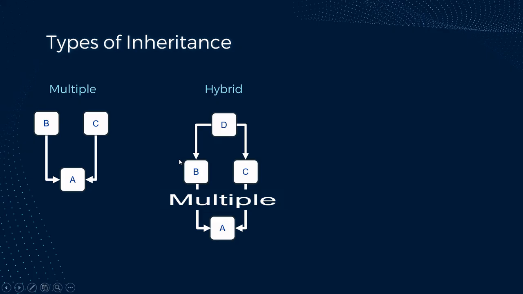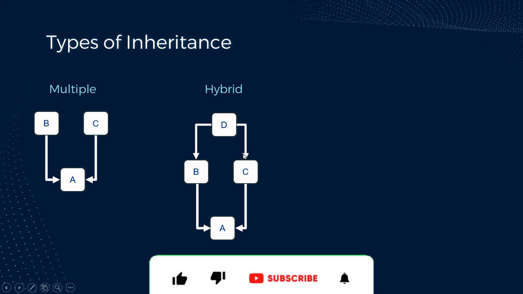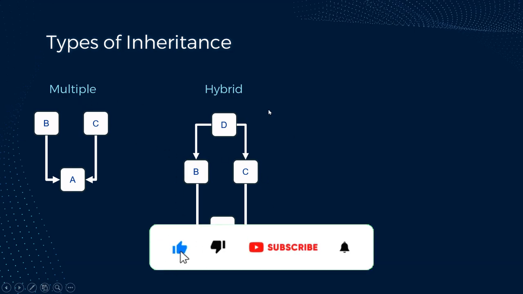So here B and C are inheriting from class D, so this becomes one hierarchical. But in case of the below scenario, both the class B and C are base for A, so this becomes the multiple, and both multiple and hybrid are not allowed in C#. So that is one of the things.